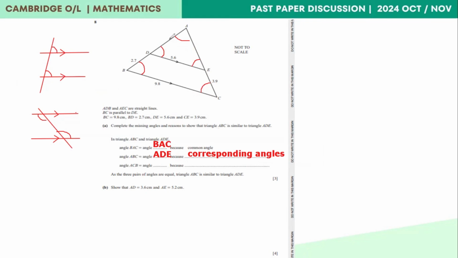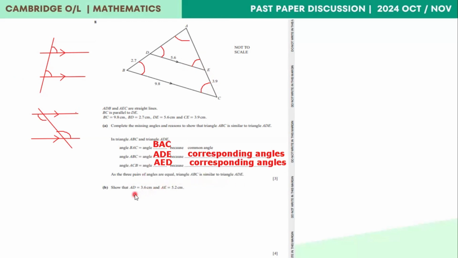Also, if you don't know these two angles, again we can take the parallel lines and the corresponding angle. So ACB is equal to AED, because again corresponding angles. As the three pairs of angles are equal, triangle ABC is similar to triangle ADE.